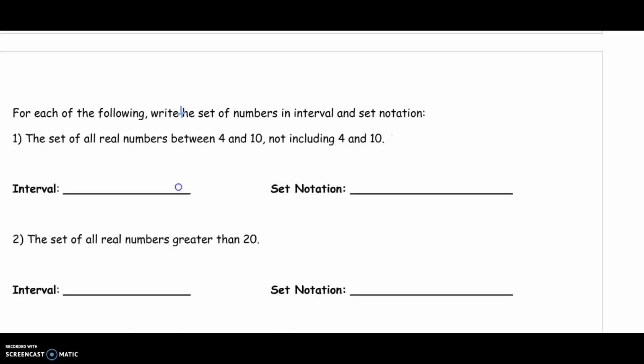Okay, so we're saying between 4 and 10 in interval notation, we're going to use parentheses because we're not including 4, up to 10, and again, we're not including 10, so we use parentheses for both. All right, for set notation, we are going to say 4 is the smallest number. It is less than x, which is less than 10.